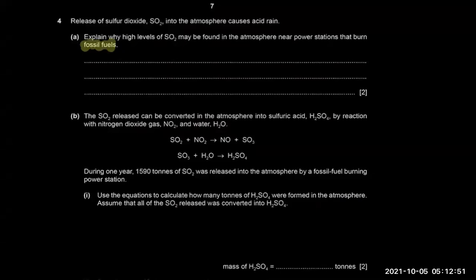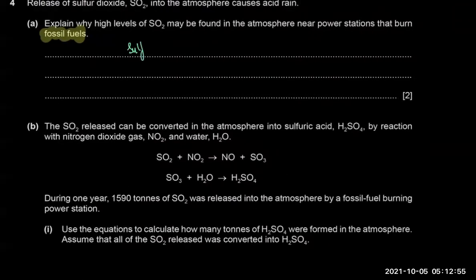So we can say that sulfur impurities present in fossil fuels, right, are converted or combust to form SO2.